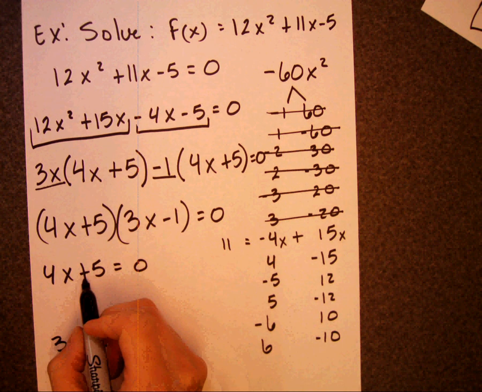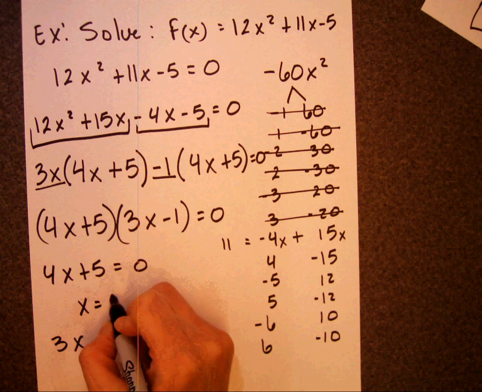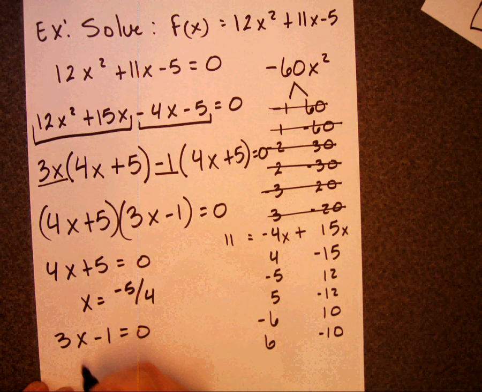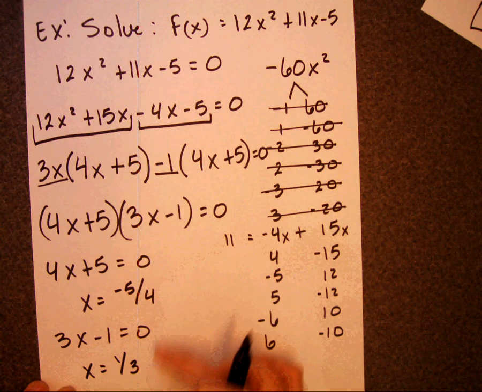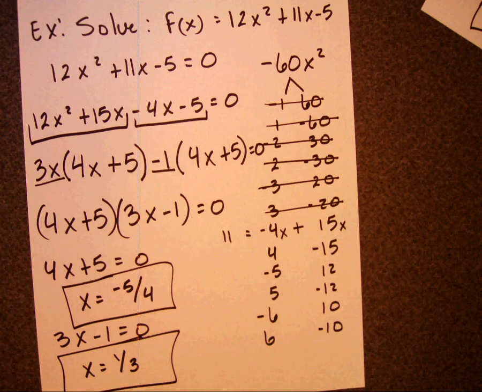So on this first one, I'll subtract 5 and divide by 4, so I get x equals negative 5 over 4. This other one, I'll add 1 and divide by 3, so I get x is equal to 1/3. Both of my fractions are reduced, so these are my solutions. And there we go, I factored.